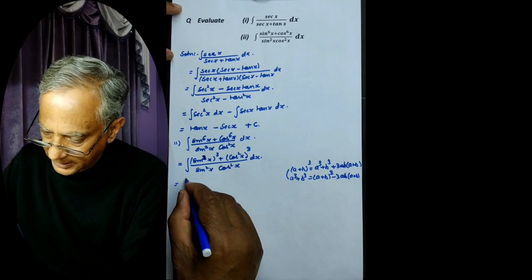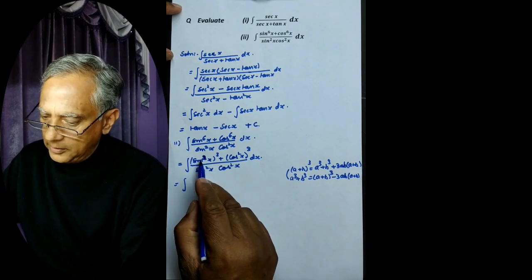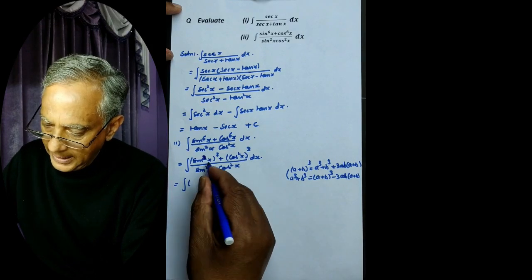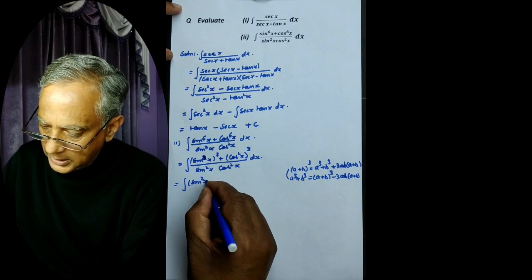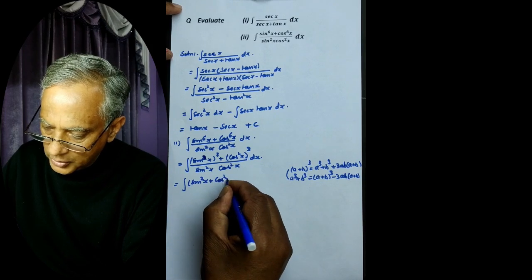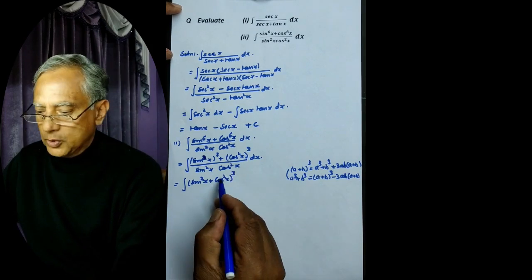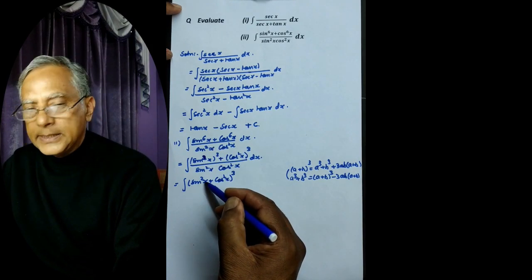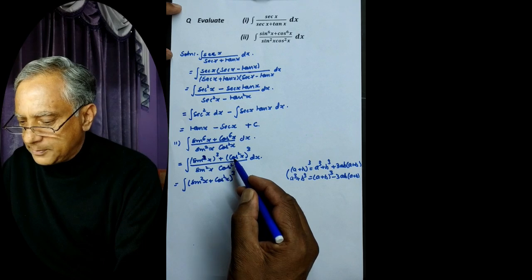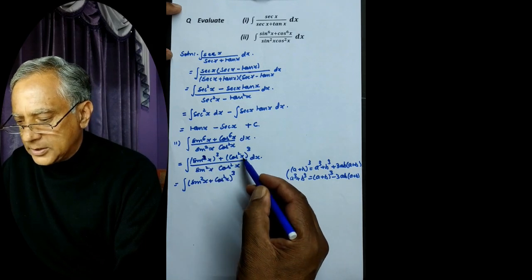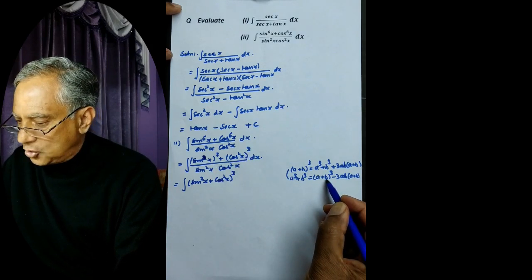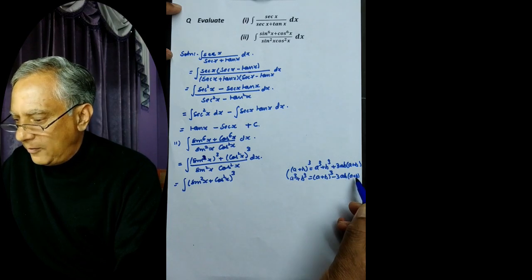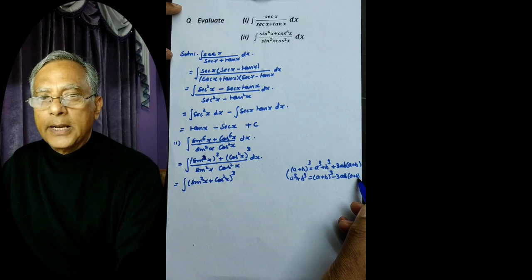So this can be written as integral, now a cube plus b cube is (a plus b) whole cube, a is sin square x, (sin square x plus cos square x) whole cube. So this will be 1. That is why we are doing this simplification. Sin square x whole cube plus cos square x whole cube will be (sin square x plus cos square x) whole cube minus 3 sin square x cos square x, and again we will have sin square x plus cos square x here.